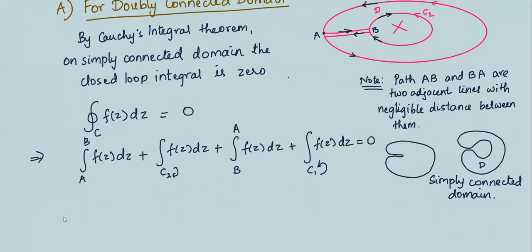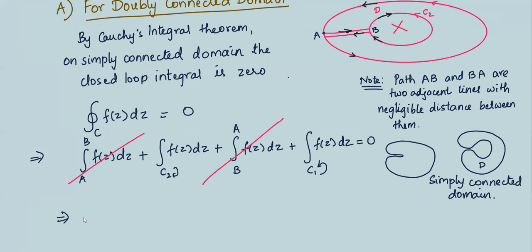Now, the integral from A to B of f of z dz and the integral from B to A of f of z dz will have opposite signs and they will get cancelled.